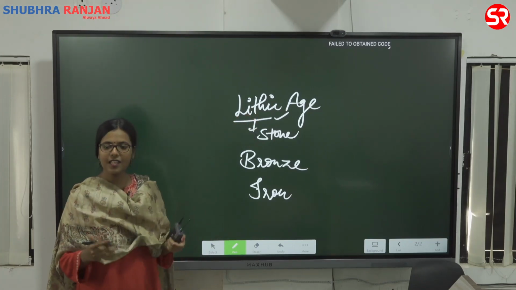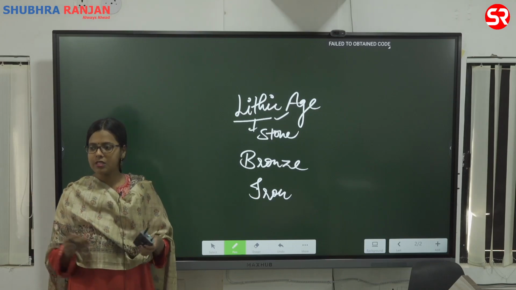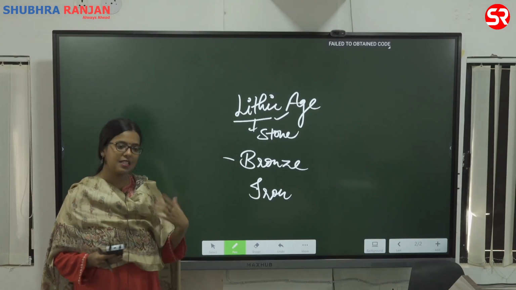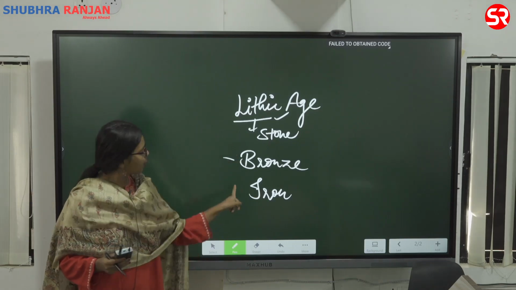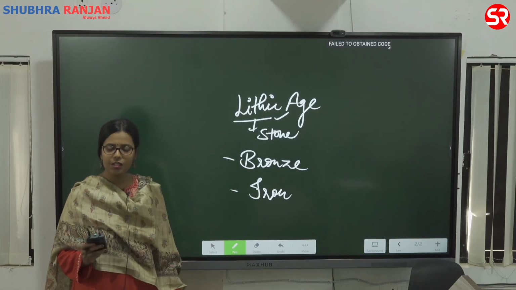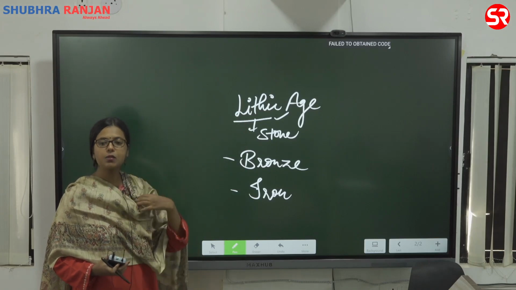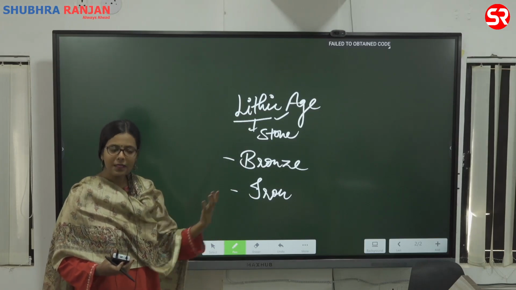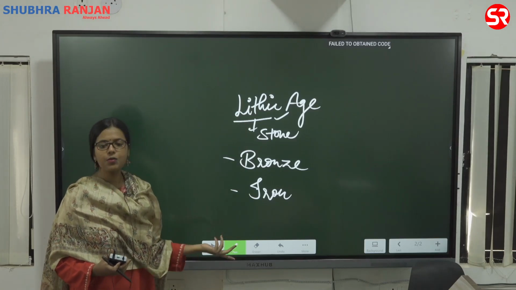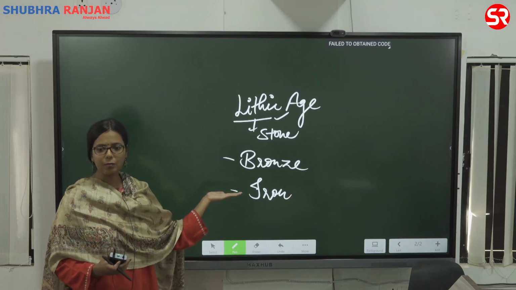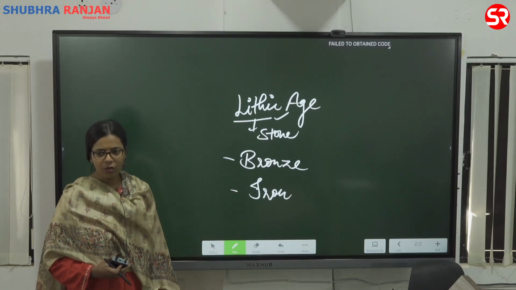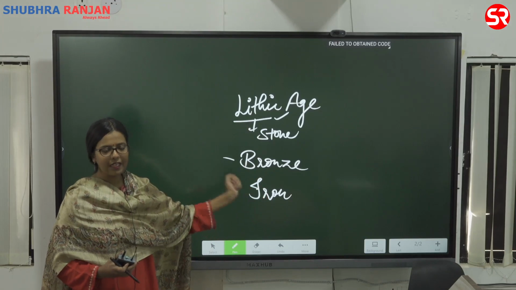Prominently in lithic age, humans were using stones. When we come to bronze age, they started using bronze. When we come to iron age, they started using iron. So this division of terminology was based on technology, because at that point of time technology was important for people, so they looked at the past in that way only. So this is the broad categorization.